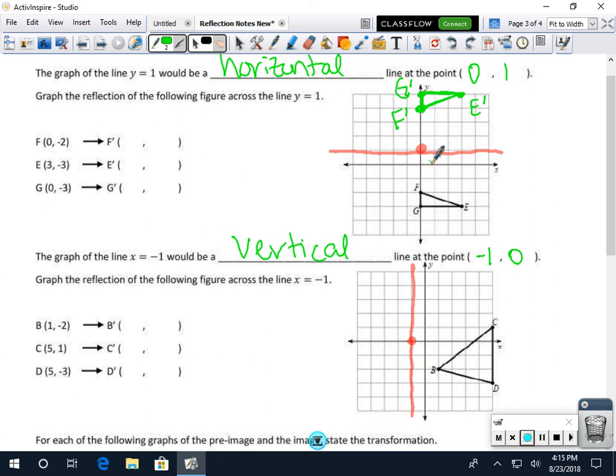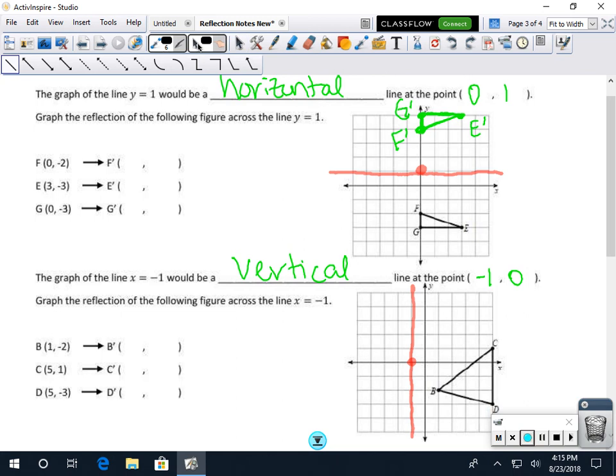Okay, and similar to up here, I'm going to count the distance for each point to my line, and then I'm going to continue on to the other side. And this graph actually needs to be extended. So I'm going to make my graph just a little bit bigger here by adding on some lines, because I'm going to actually run off of the graph of this one.